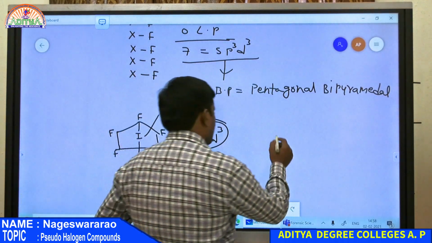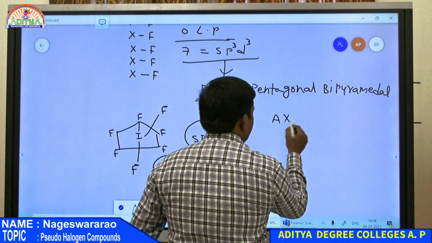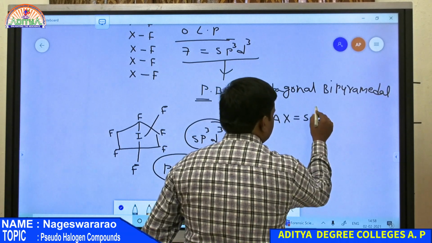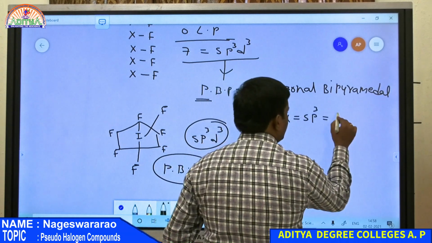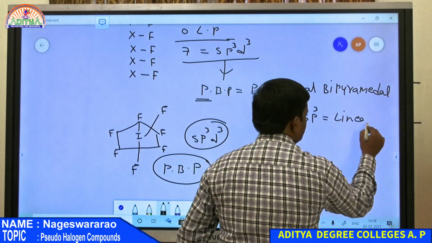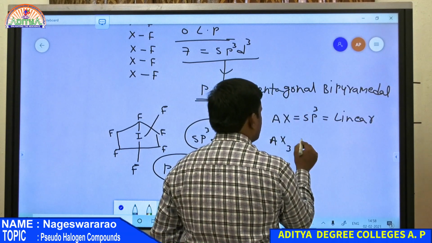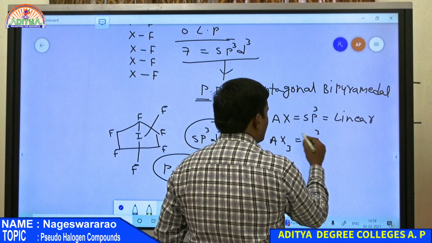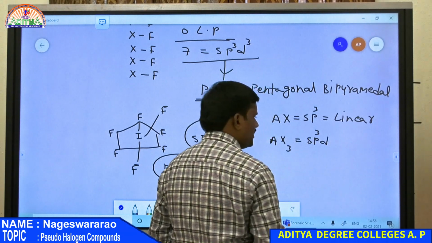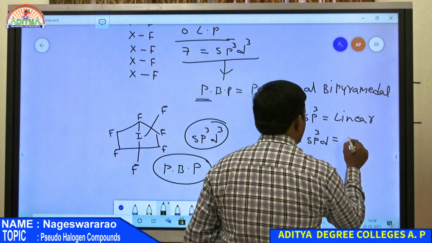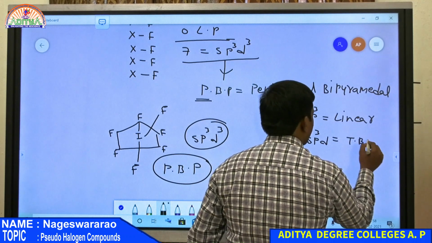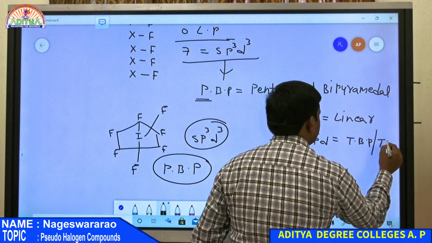Initially the AX type undergoes sp3 hybridization and the geometry is linear. The second one, AX3: here the central atom undergoes sp3d hybridization and the geometry is either TBP or T shape.